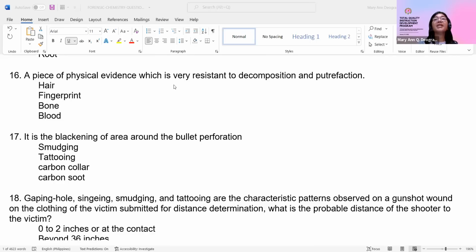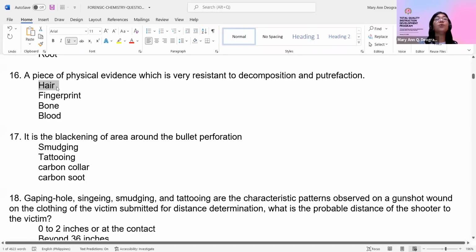Anong ibig sabihin kasi na very resistant? Ibig sabihin it will resist from decomposition and putrefaction. Hindi ibig sabihin na hindi siya nabubulok. Yan ang ibig sabihin ng word. So it's just a matter of understanding the term there para malaman nyo kung ano yung tamang sagot. Kung ang tanong is a piece of physical evidence which is very prone to decomposition, definitely ang sagot nyo ay blood.